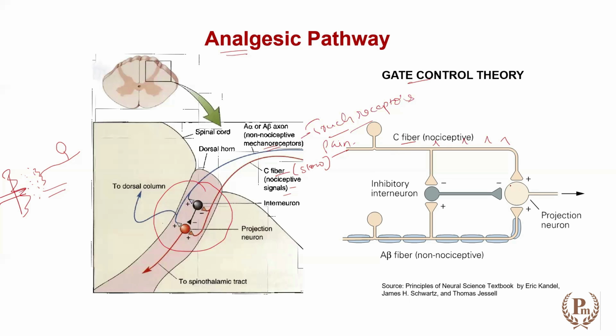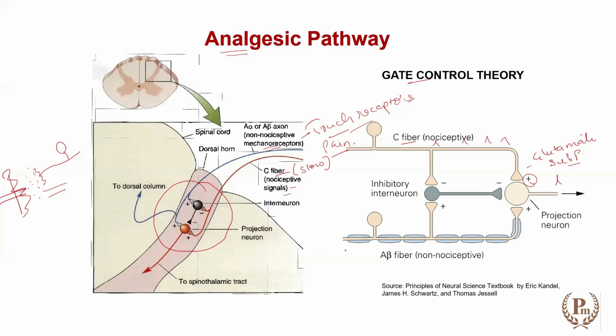So it goes and terminates on the projection neuron and stimulates it. If it is a C fiber, it may release glutamate, which is a stimulatory neurotransmitter, or it may release substance P, which is going to modulate the pain perception at the projection neuron. Very well, this is how we perceive the pain.